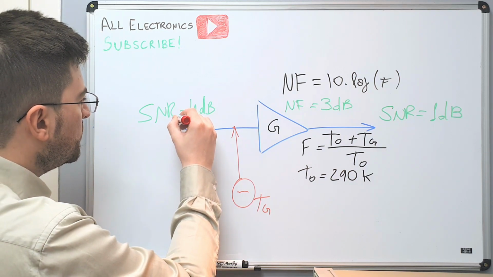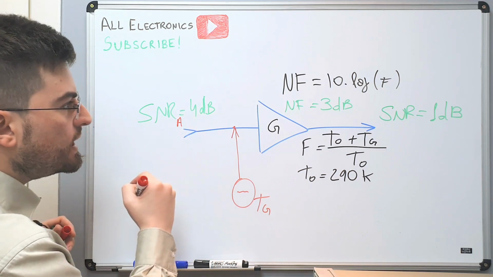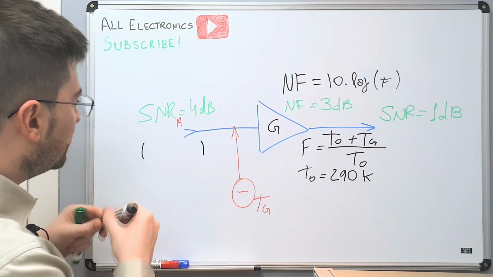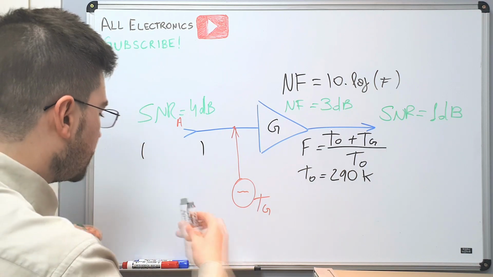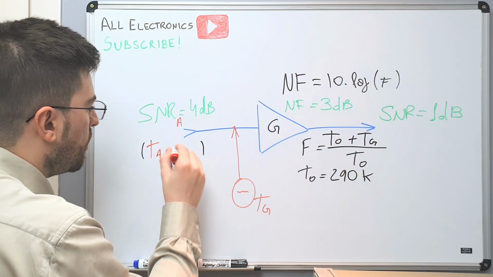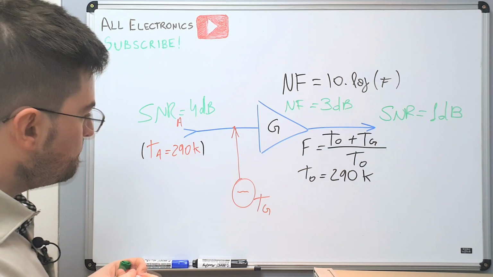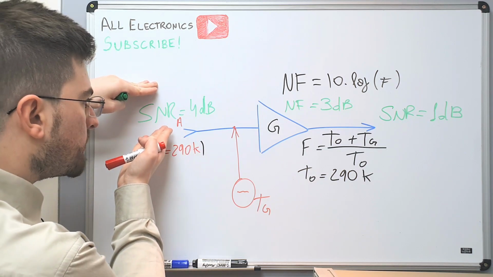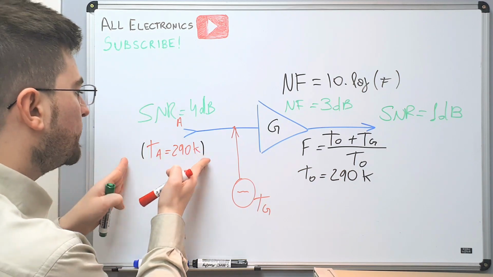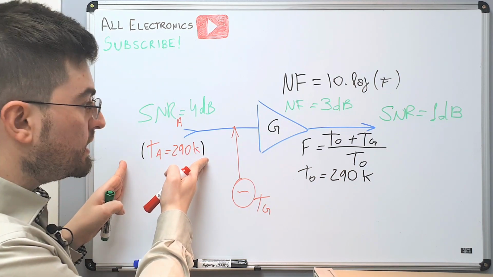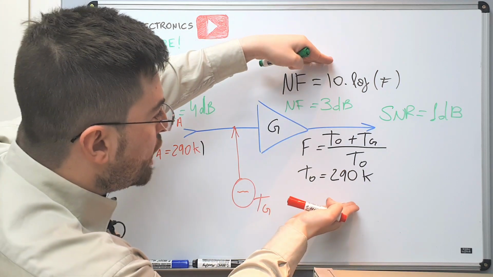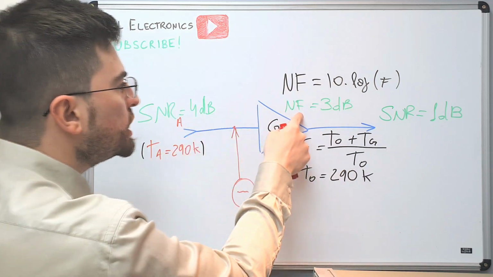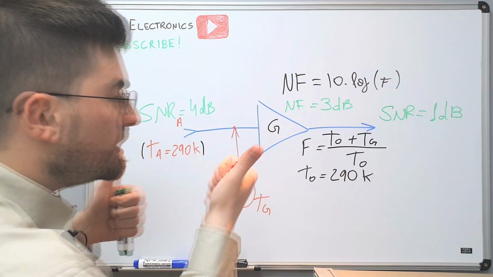So let's call this the signal to noise ratio of the antenna. This implies that this antenna has a noise temperature of ambient temperature. So if this is true and you calculate the SNR here with the power of the signal and the temperature of the noise, and you use this calculation, this degradation of signal to noise ratio is right.